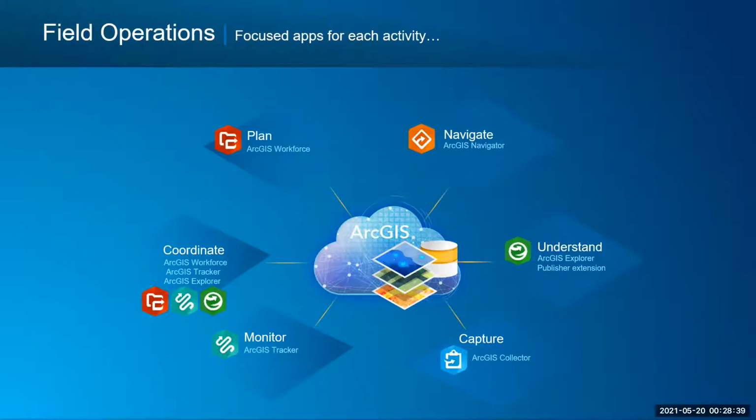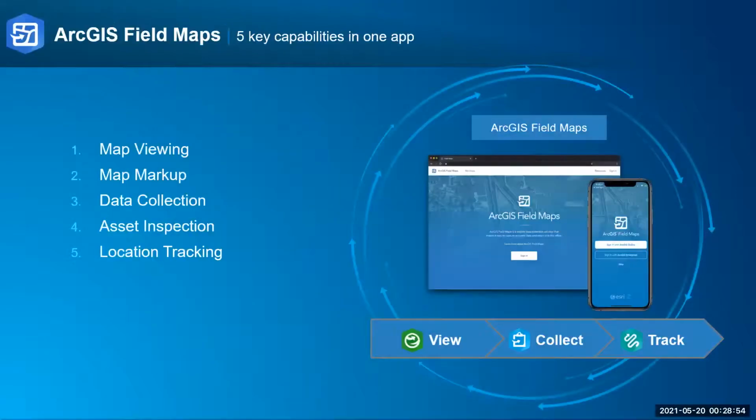You know, it often requires downloading each app from the App Store, signing into each app, linking them together, in some instances having to download copies of data to their device multiple times. And so we've decided to bring you 5 key capabilities in one app, ArcGIS Field Maps.